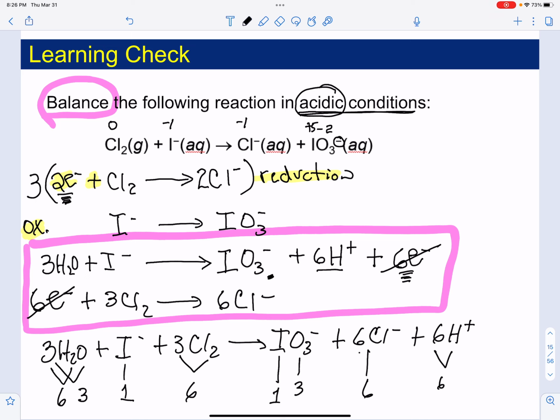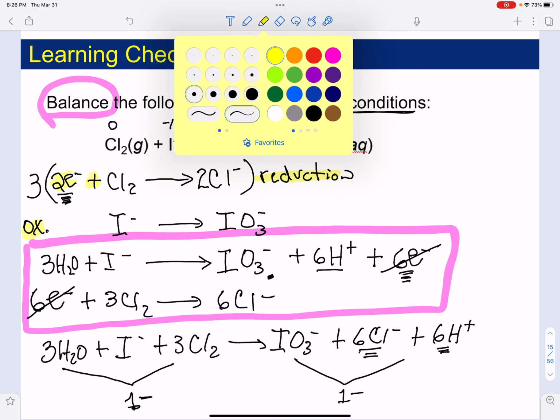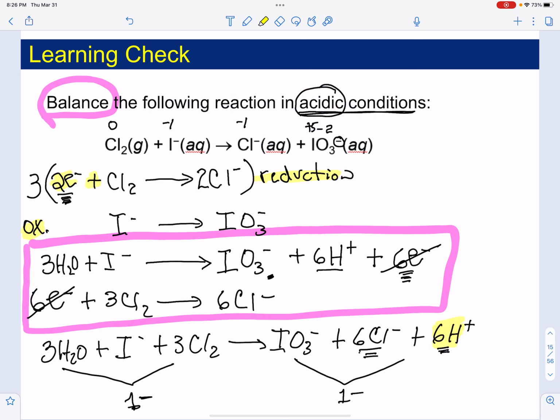So matter-wise it's balanced. Now let's double check the charge on both sides. The charge on this side is just -1. The charge on this side, 6 negatives cancel 6 positives, so it's just -1. So this is a reaction that is properly balanced in an acidic environment.